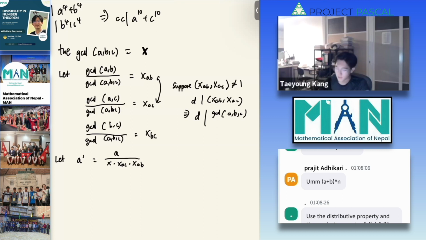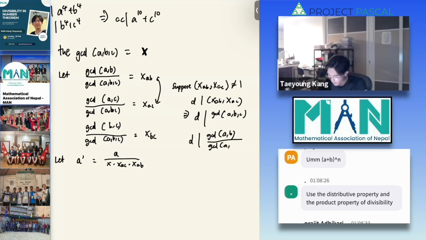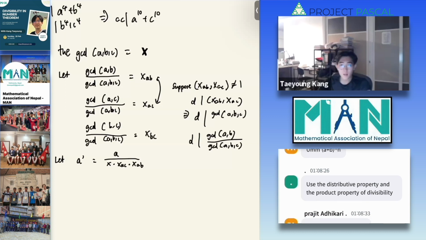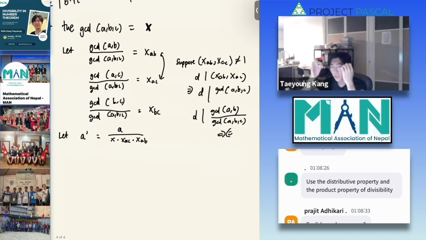But that cannot make sense, since D divides the GCD of A and B divided by the GCD of A, B, C, and the GCD of A, B, C in the denominator should have divided out all possible common factors, right? So contradiction. So everything here must be integers.